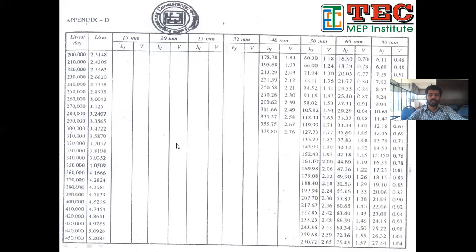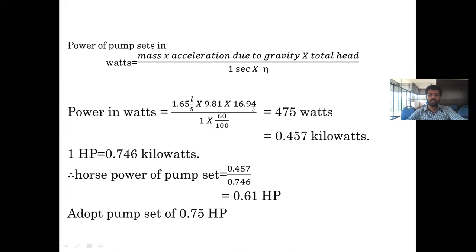Insert here. 16.94 divided by 1 into 60 by 100. 60 we can take as efficiency. So 60% is the efficiency. When you work through all those things, you'll get 475 watts.